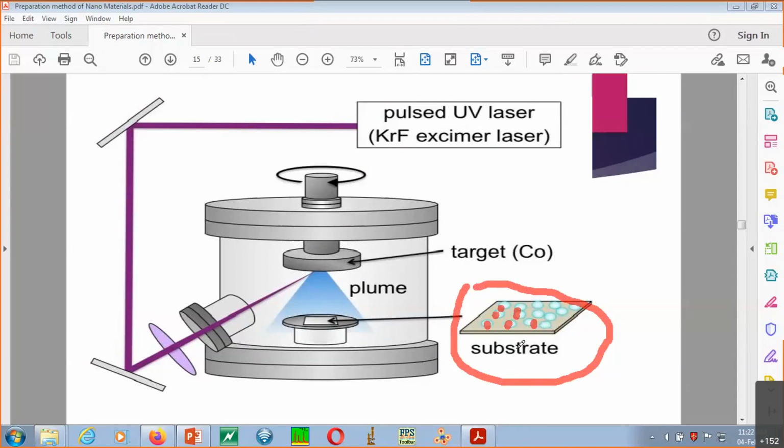That is the purpose of using a substrate, because you need to remove the material from the surface, and that is why we keep glass as the substrate, so that one can easily take out the entire stuff. If you go for any other substrate material, then the material may stick to that substrate and you may not get the entire material which is converted into nano. So that is why, keep in mind, for the substrate we always prefer glass material.